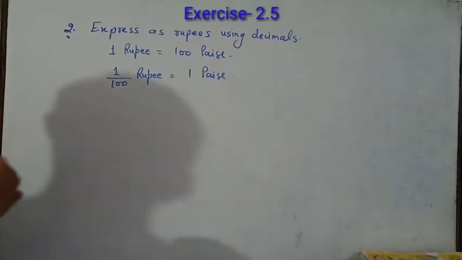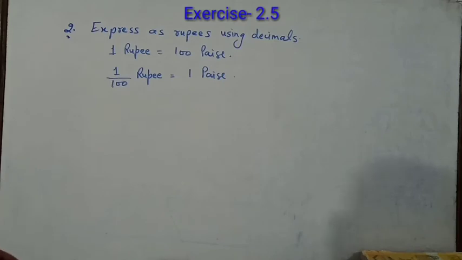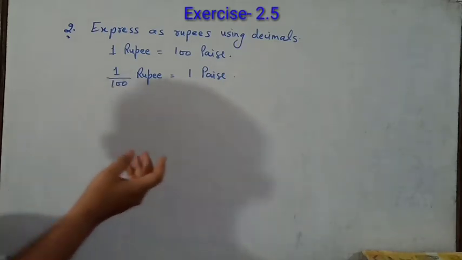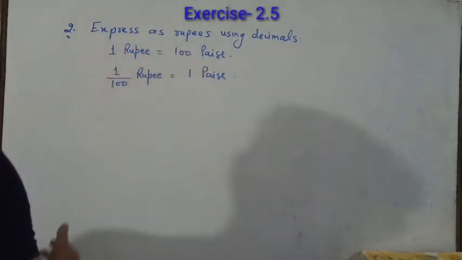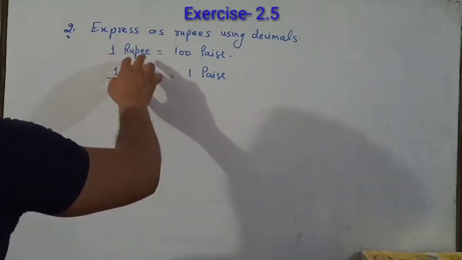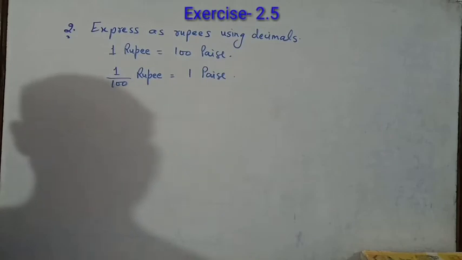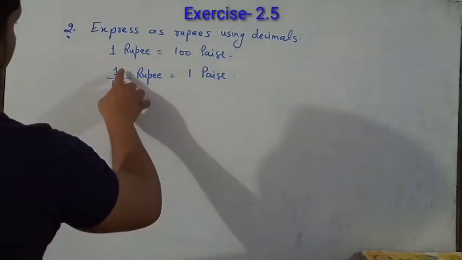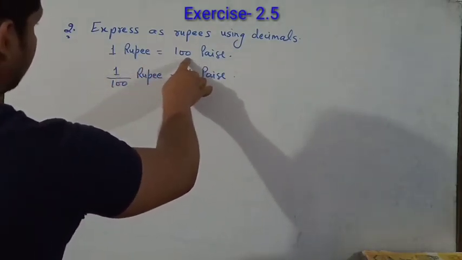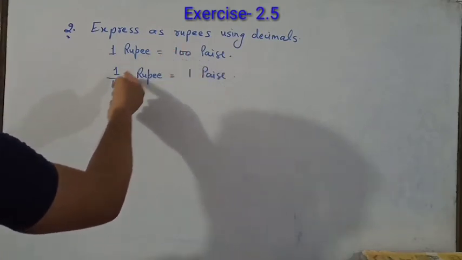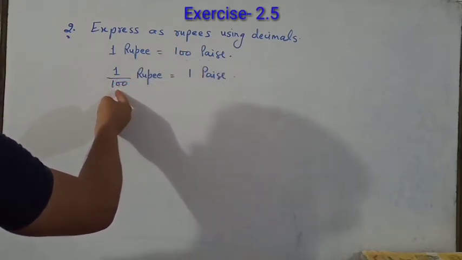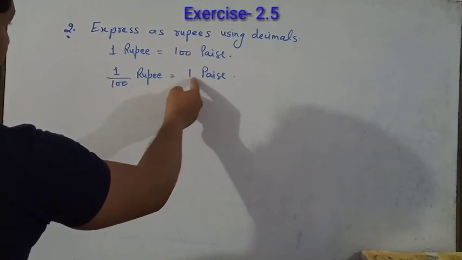Now question number 2. Express as rupees using decimals. We all know very well how many paise are in 1 rupee. 1 rupee is equal to 100 paise. When 100 is transposed, it comes in division, and here 1 paise remains.